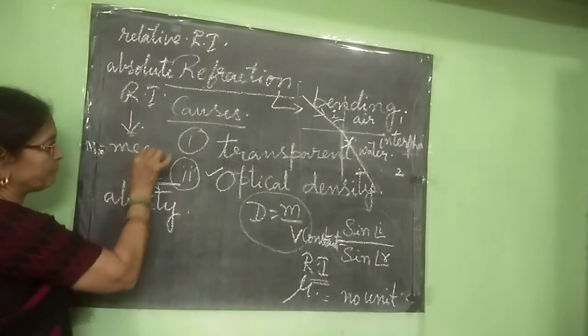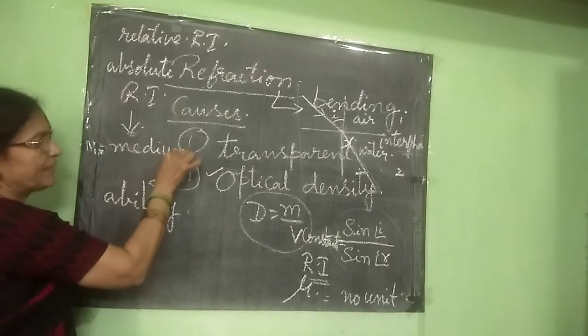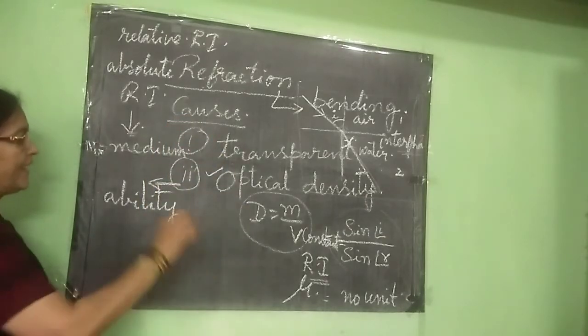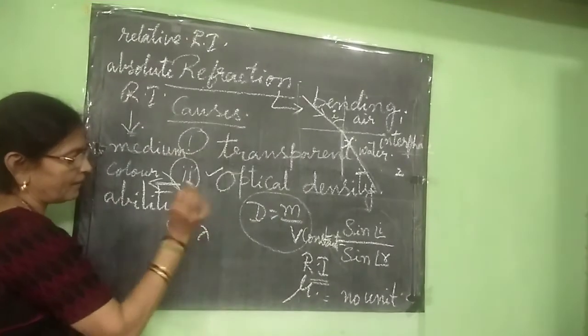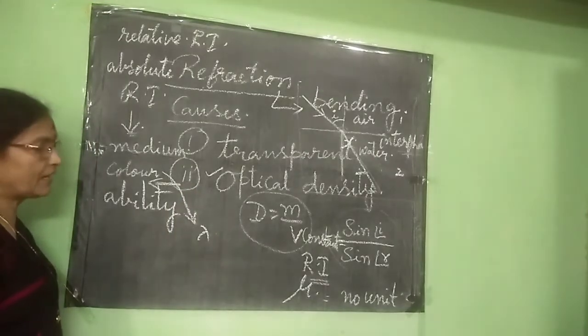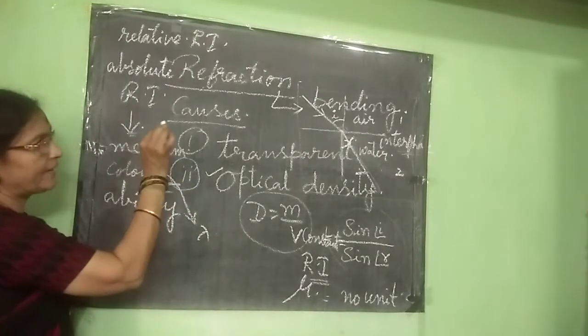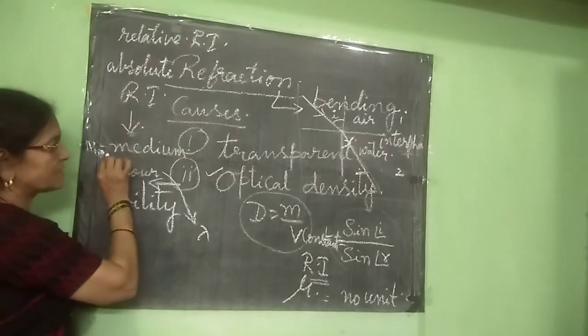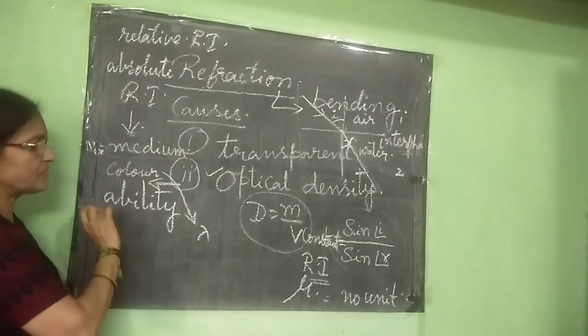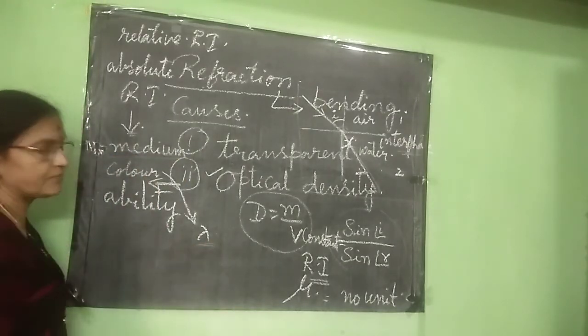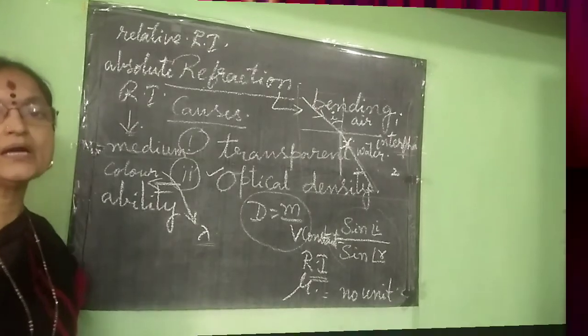Now, what factors does it depend on? One is the material medium. Then next is the wavelength, lambda, the color of the light. It is directly proportional to the optical density of the material medium, and inversely proportional to the wavelength, and it also depends upon the frequency.